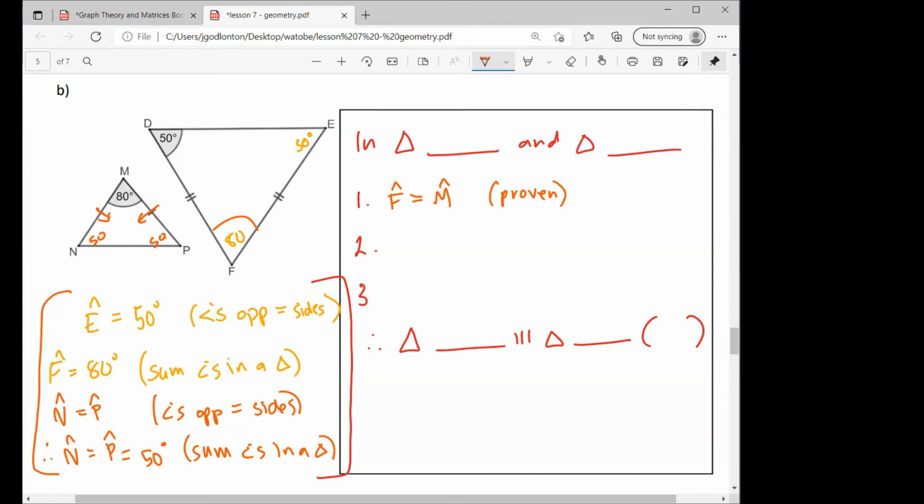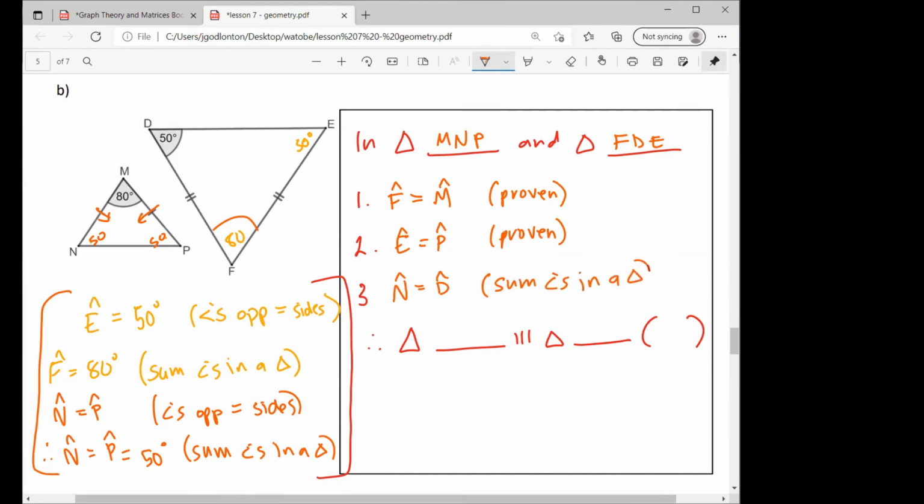We also can choose any other one to be equal. So I could say angle E is equal to angle P. We've also proven that. Oh, I haven't written in my triangles. And then our third one, N and D, we can just say sum of angles in a triangle.